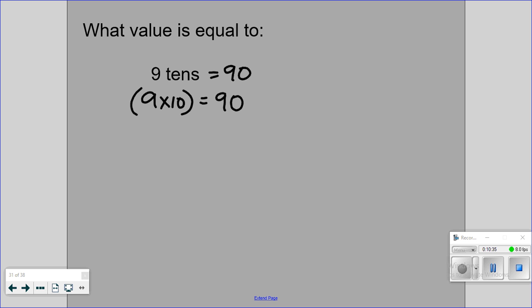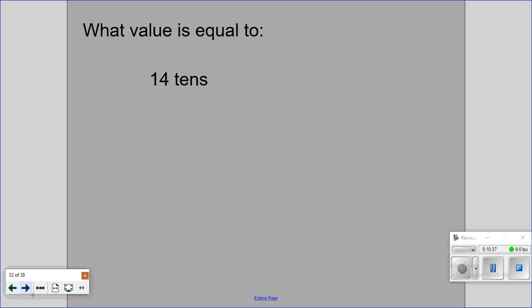Let's do another one. Ooh, 14 10s. That one's a little trickier. What value is going to be equal to 14 10s? Not 14 1s, 14 10s. Show me, what do you think? It is going to be 140.